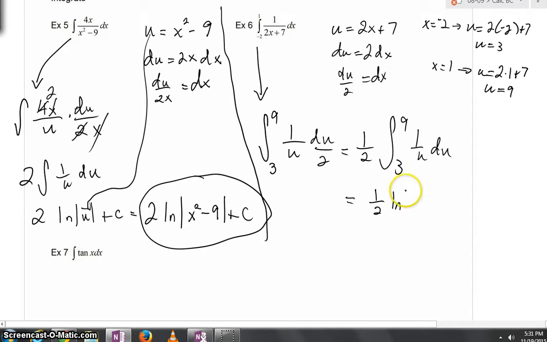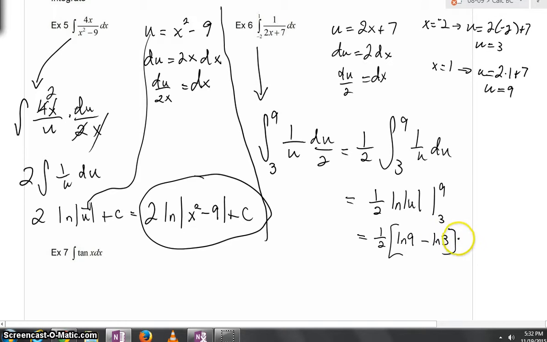We'll take the natural log of the absolute value of u, evaluated between 9 and 3. In all truth, we don't even need the absolute value for this problem because the bounds are all positive. But even if we keep them in there, that's fine. We'd have the natural log of 9 minus the natural log of 3.